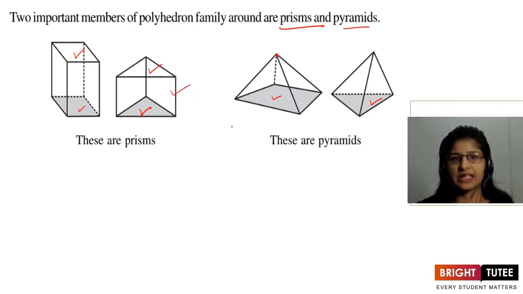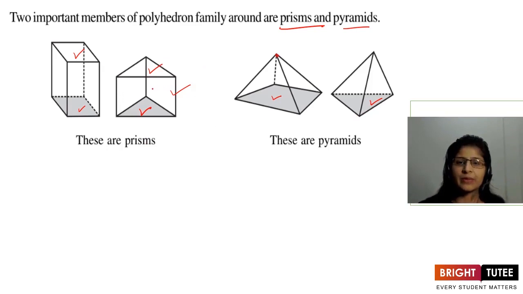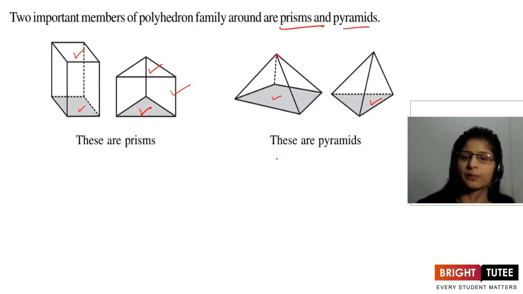There is a difference. Just see triangular prism and triangular pyramid, the difference is there. So like this we define prism and pyramid. So the prism will have the top and bottom the same, right? Top and bottom faces are exactly the same, and here we will have one base, and all the points of that base would be connected to one point on the top.